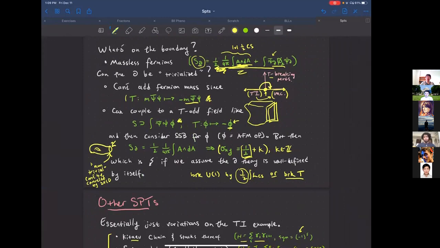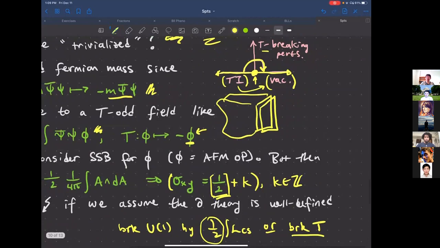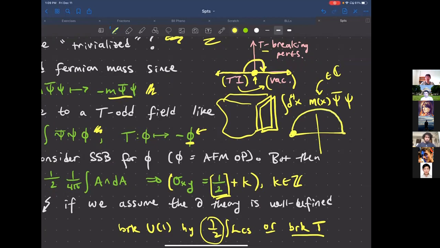So for example, I told you earlier that this mass term, now we're in four dimensions again, this mass term here could be any complex number. And so in particular, if I take the mass to be very, very negative, and I tune the mass, this is the complex plane, if I tune the mass like this while keeping it away from 0, then I can smoothly connect the TI to the vacuum.